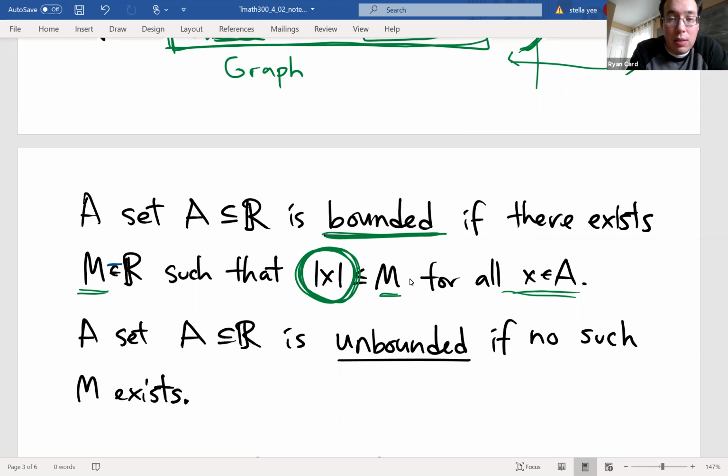It's important to say that a single number works for every single element in the domain all at once. If it's impossible to find such a number, then we say the set is unbounded.